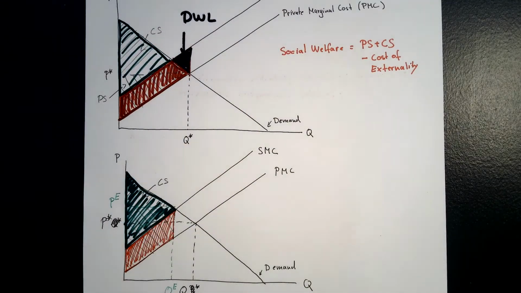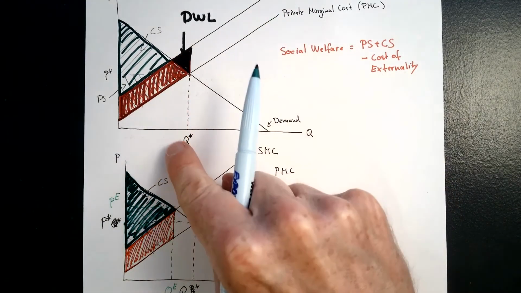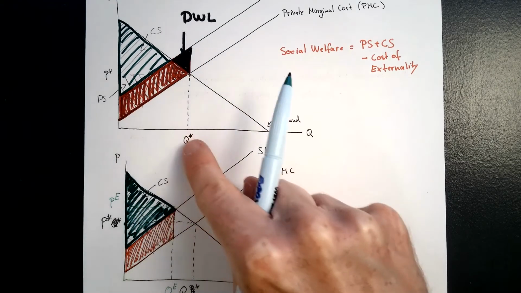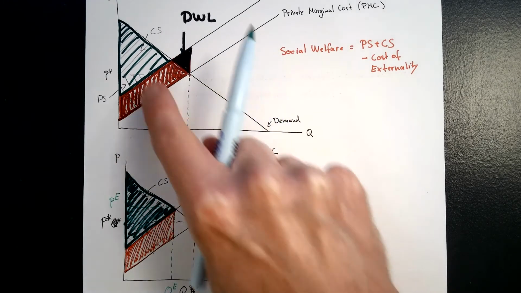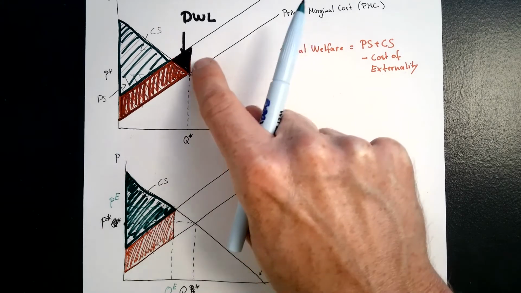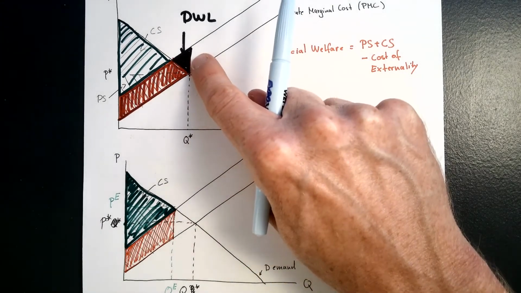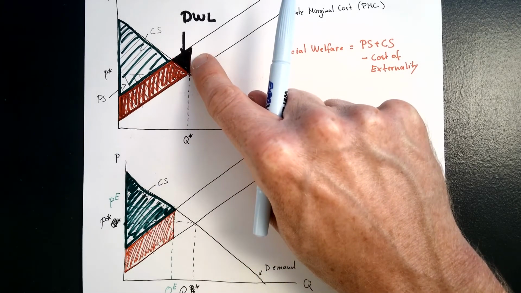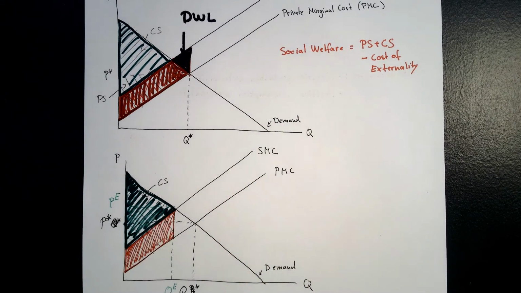But in this case, when you are producing at P star and Q star, you have this triangle here, but you have to subtract the deadweight loss, which is smaller than just the green triangle which we have at the bottom here. So if you are able to produce at the quantity QE and PE, then efficiency is restored.